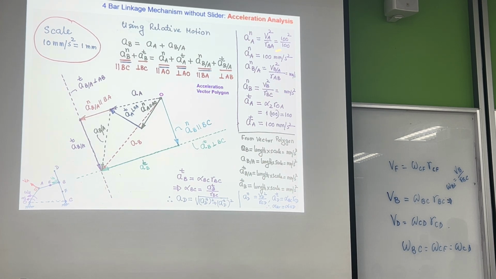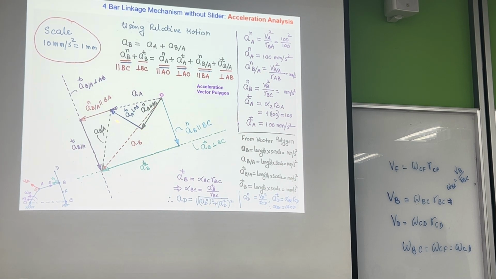Our AAN is 100 millimeter per second square. Our AAT is also 100 millimeter per second square. So it will be the same length as here, but how is it directed? It is directed at a 90-degree angle to our OA. In other words, it will follow the same direction as our BA. But it will be starting where our AAN finished here.